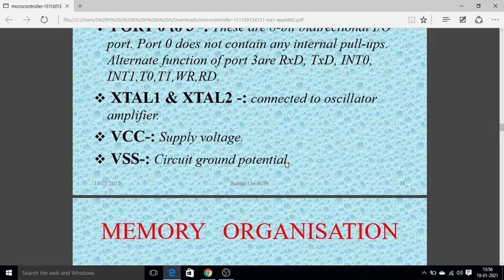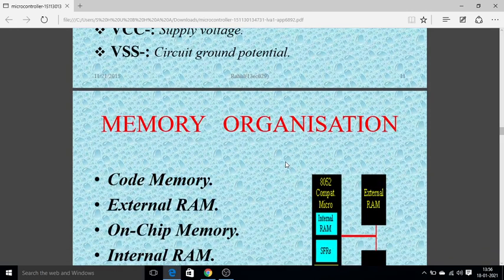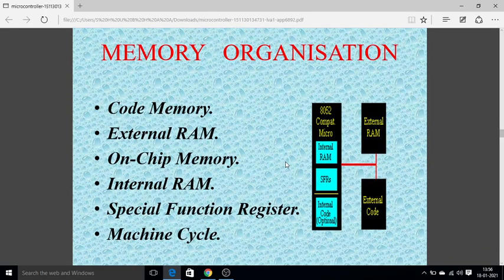These are the pin descriptions for the 8051 microcontroller. We know that the 8051 microcontroller is a programmable integrated circuit, a microcontroller produced by the Atmel Corporation. It reads the instructions from the code memory or the external memory, and based on that code it executes the function.